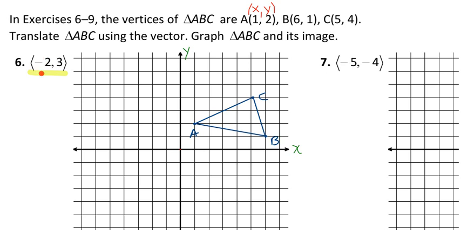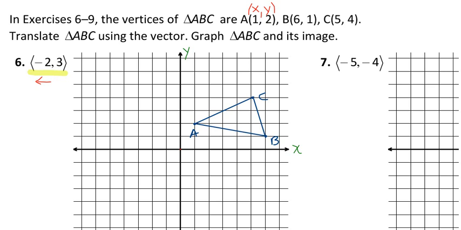Since this one is negative, that means we're going to the left. So this is going to be to the left 2 units. And then the second number tells us up or down, depending on the sign. This sign is positive, so it's up.